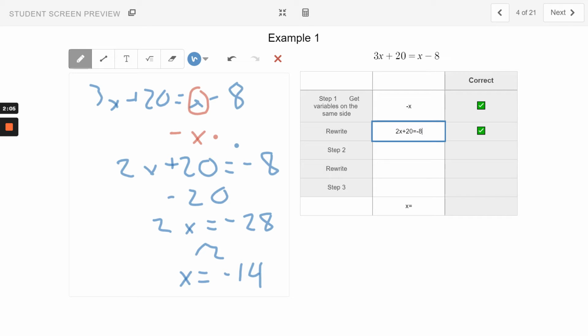Equals negative 8. We subtract 20 and we get 2x equals negative 28. We divide by 2 and we get x equals negative 14.